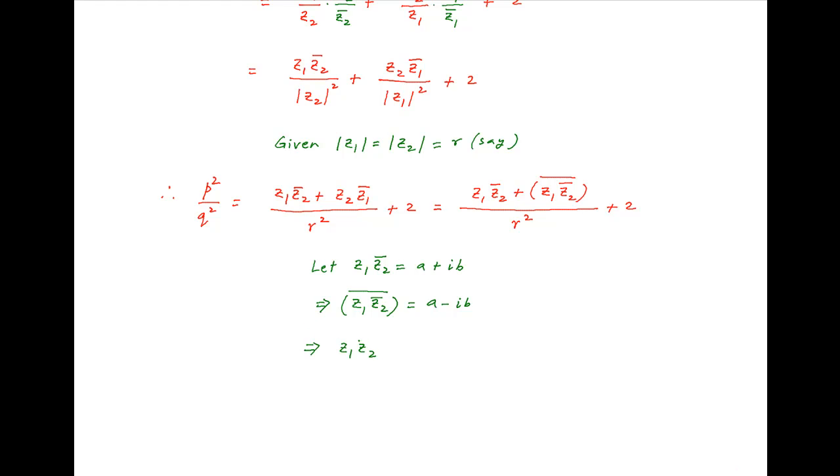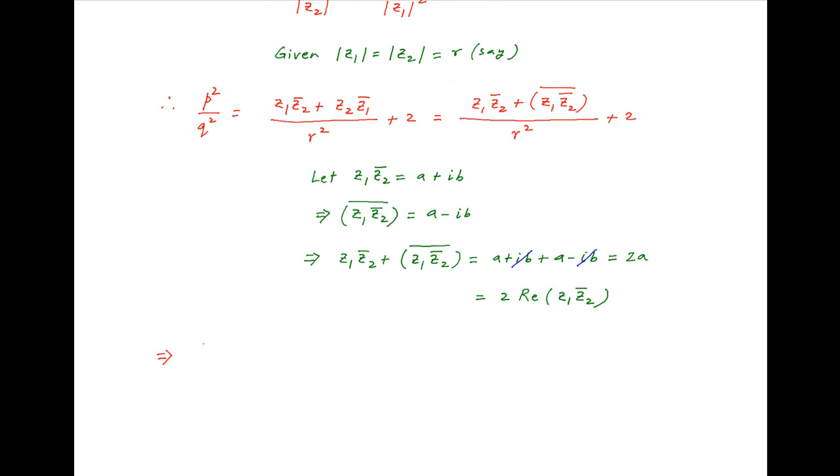z1 times the conjugate of z2 plus the conjugate of z1 times z2 is equal to a plus ib plus a minus ib. The imaginary terms cancel on the right hand side and we get 2a, and note that this is equal to 2 times the real part of the complex number z1 times the conjugate of z2.